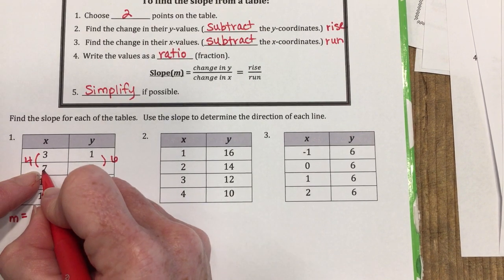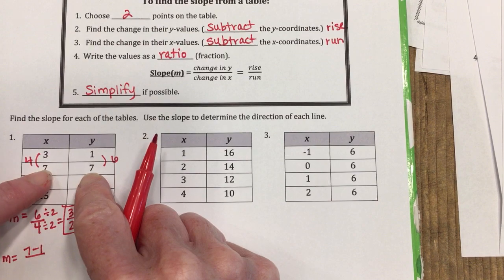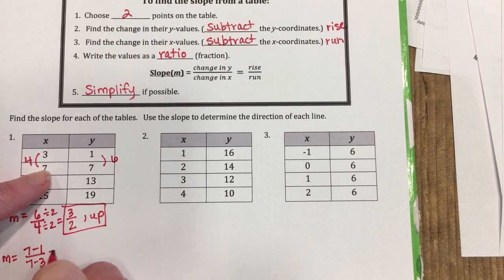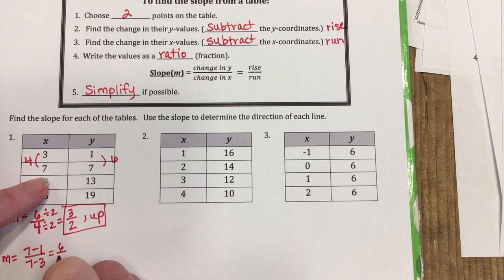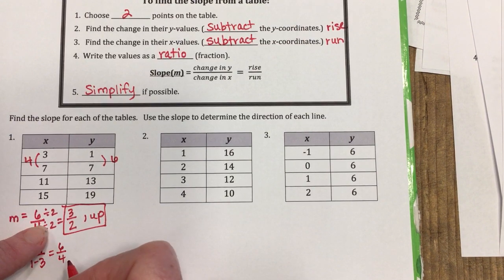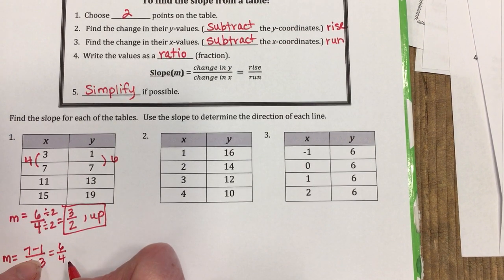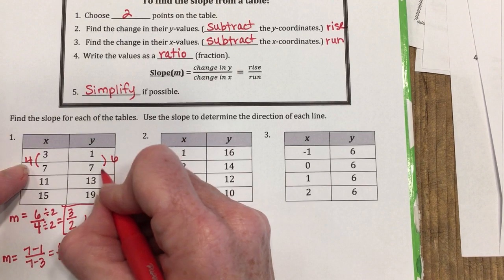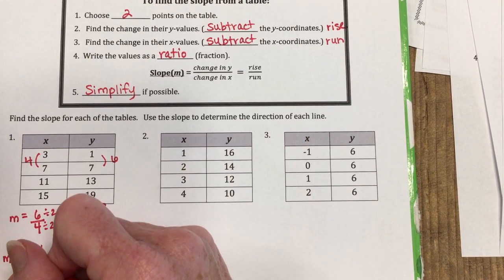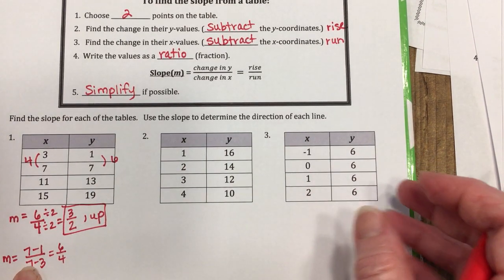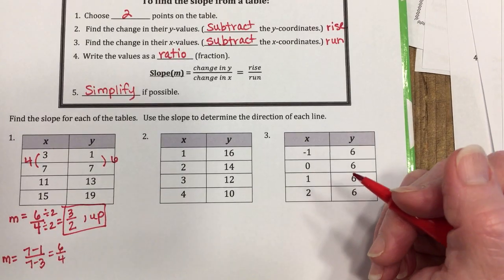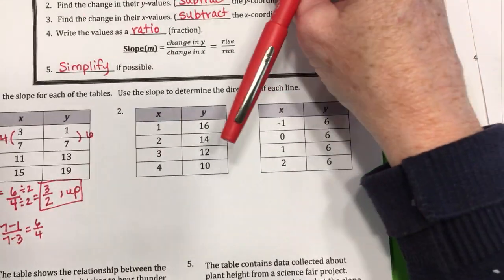The change in x would be 7 minus 3. Since I started with this 7, I have to start with this 7. 7 minus 3 would give me 6 over 4, okay, which is the same thing as I had here, right? It's just another way to write the slope. We did it because we could do it in our head on the table, but you can also write it out and show that you're subtracting. The slope formula will have you do that when you do get to it next year.